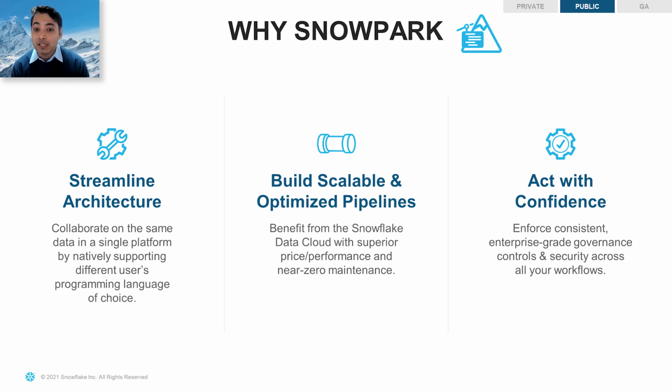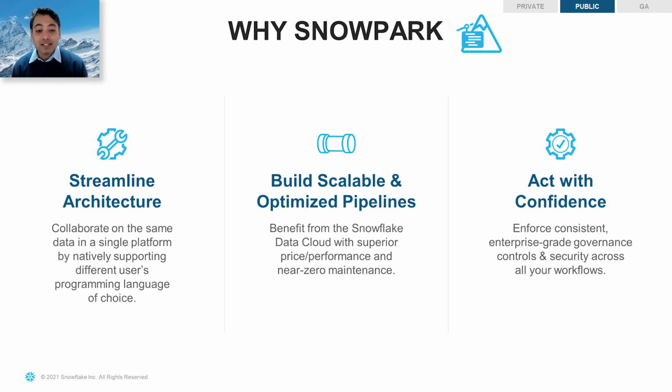As Parag mentioned earlier, there are a lot of complexities with different teams trying to use different languages. They have to set up their own cluster and infrastructure to work with data. What Snowpark does is let all teams come and collaborate on the same copy of data in a single platform, instead of worrying about managing different infrastructure and runtime just because you are programming in different languages. So it lets you operate on a single copy of data in a single platform.